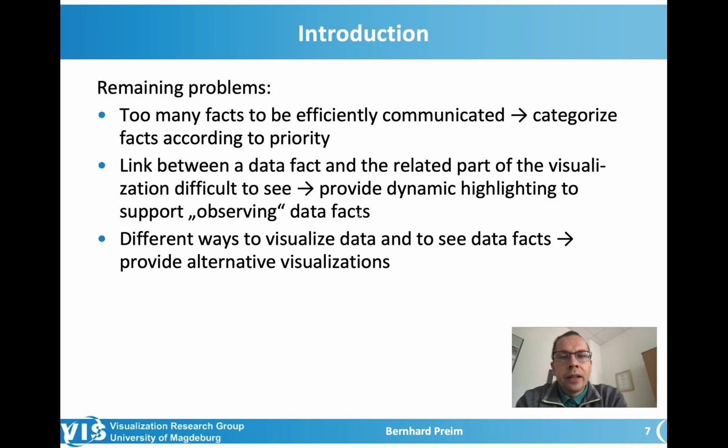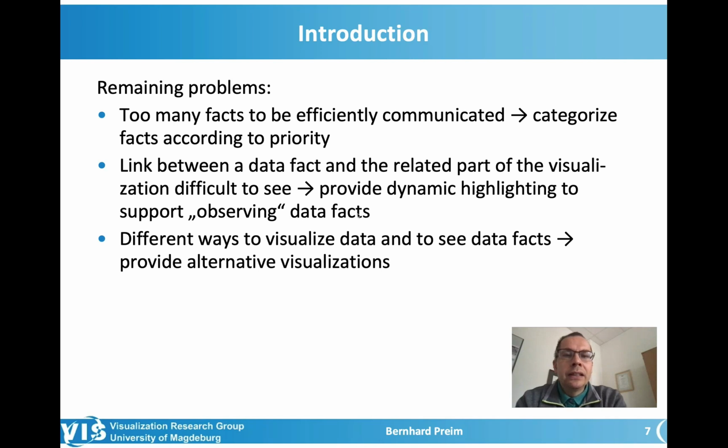Then the relation between a data fact and the visualization with previous tools was difficult to see. Ideally, I read a data fact and can immediately perceive to which part of the visualization this refers. The bar in a bar chart, for example, that is commented by a data fact.